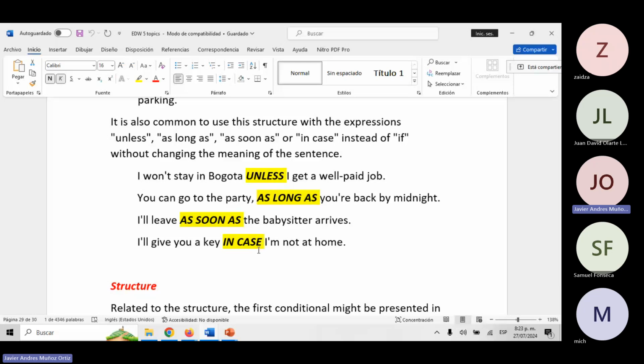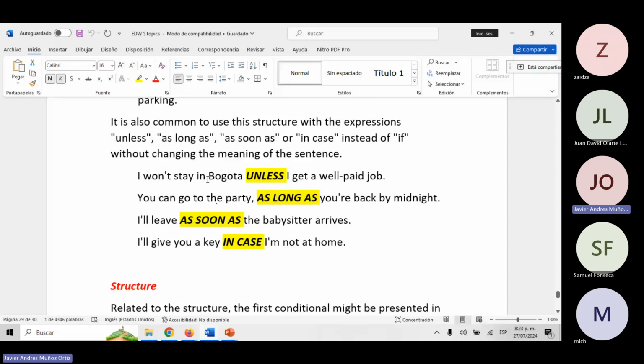We are not going to change the meaning of a sentence. We just use these options in case we don't want to be repetitive. We want to use a different, an additional expression. That's it.